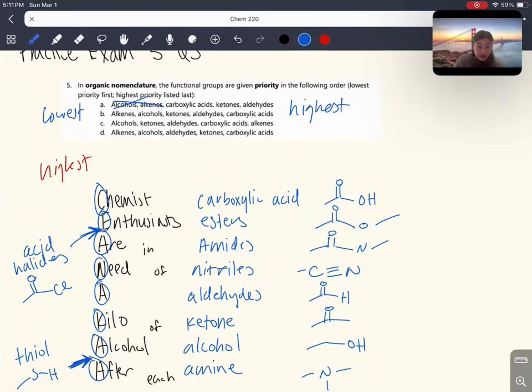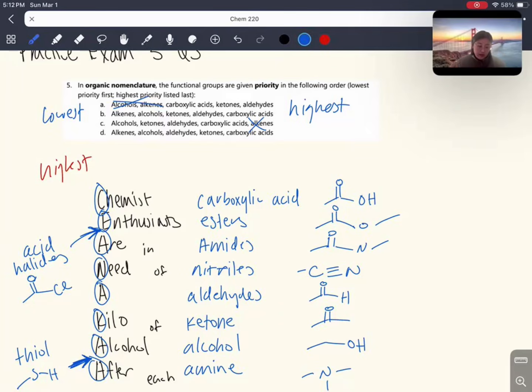The second one is alkenes, alcohols, ketones, aldehydes, carboxylic acids. That looks right to me. Now I'm just going to double check the other ones. I see alcohol, ketones, aldehydes, carboxylic acids, alkenes. Alkenes are not higher priority than carboxylic acids. Carboxylic acids are the highest priority, so I know option C is wrong.